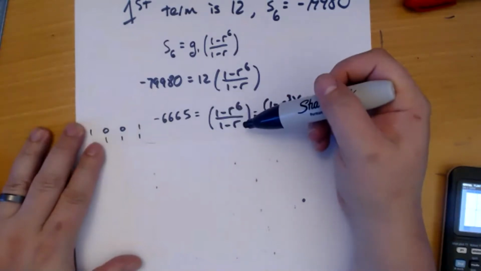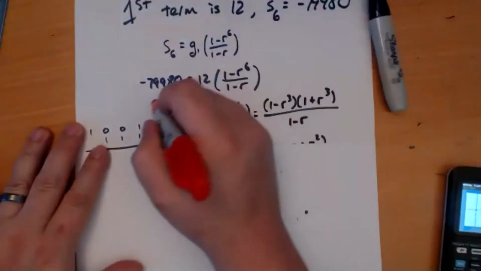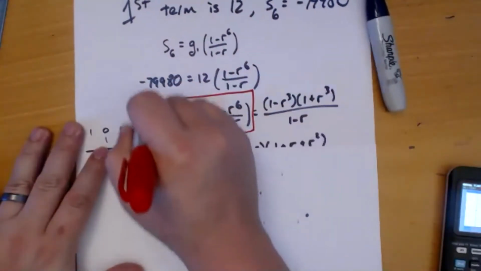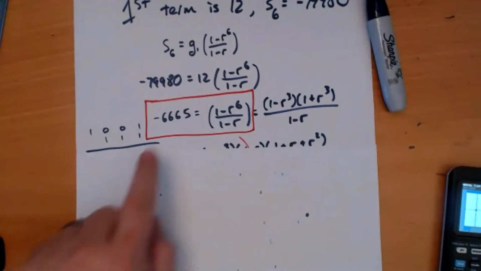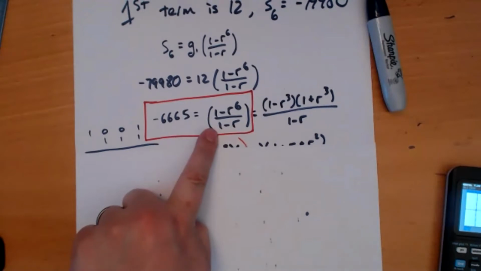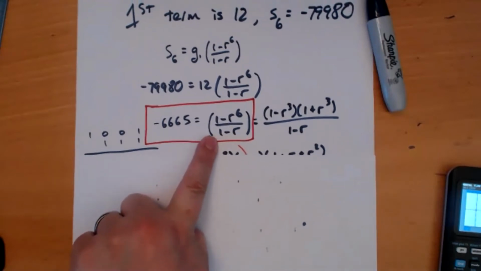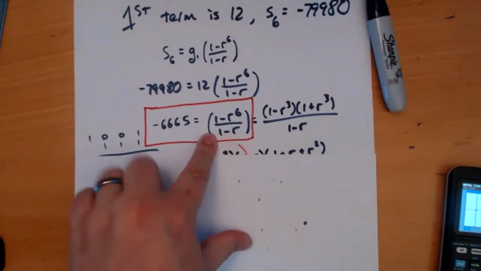Now, believe it or not, you could stop right here, put that into the calculator, and it'll give you your answer. Graph this side, graph that side, find the point of intersection. So technically, you don't have to do any more work than that.